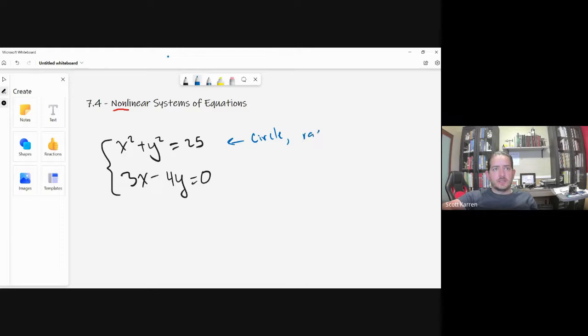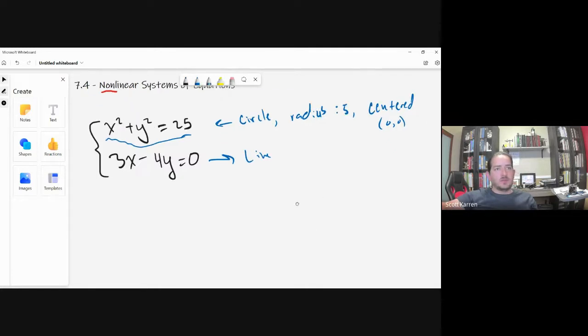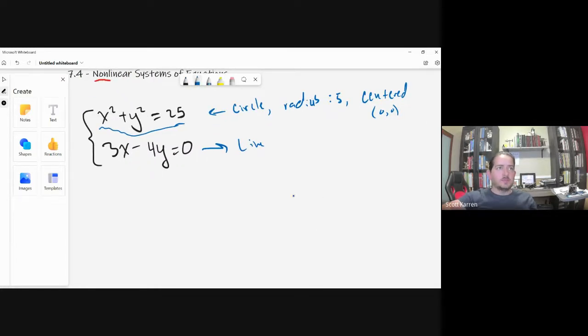It's got a radius of 5, the square root of 25, and it's centered at 0, 0. And then you might recognize this one as a line. So I have one linear equation here, but the system itself is nonlinear because one of my equations is not linear. But it would make sense then to think about what's happening.